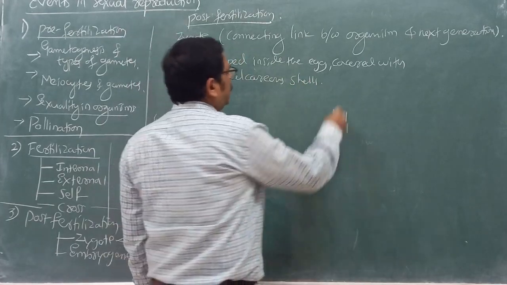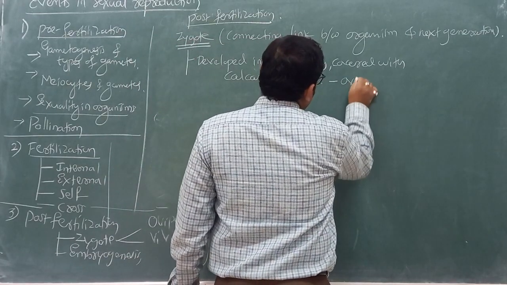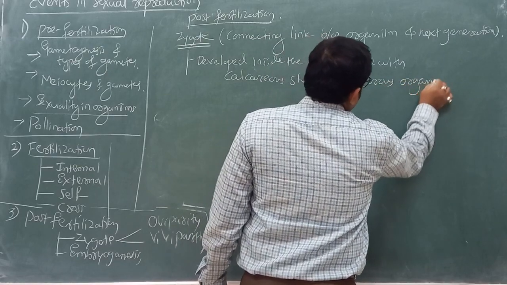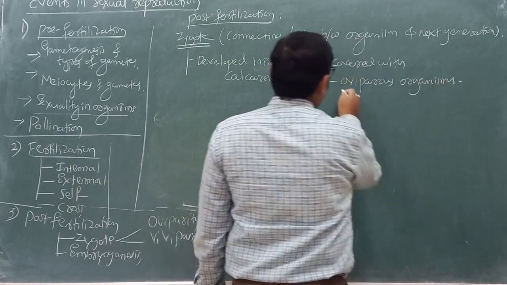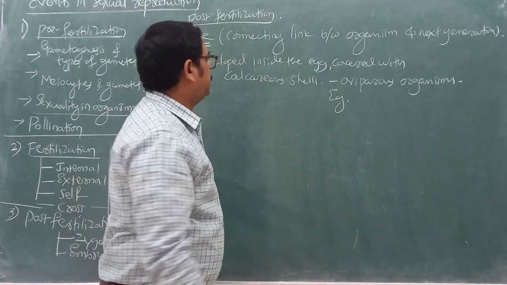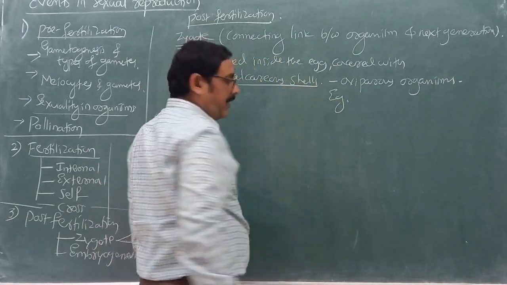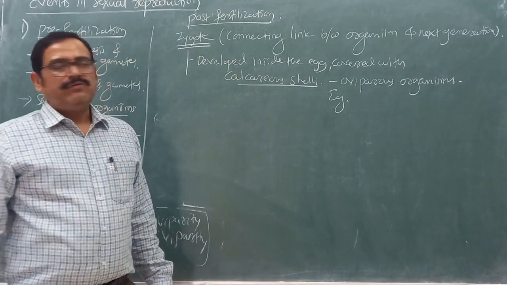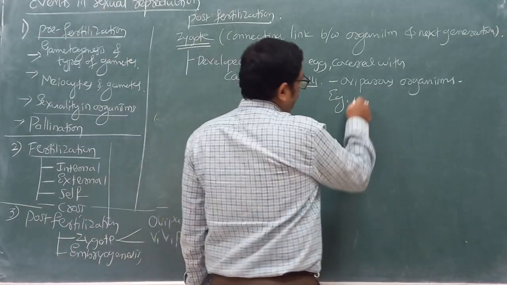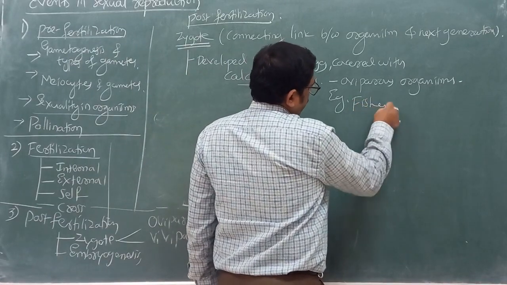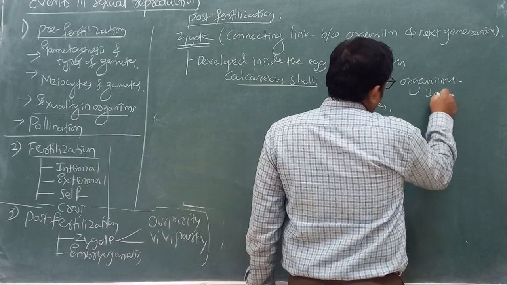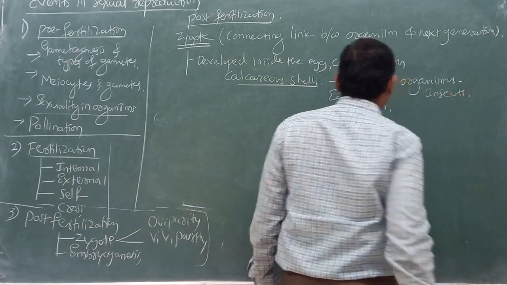So those are called as oviparous. Example, yes, maybe calcareous shell may not be present, but still, which are the organisms that can produce the eggs? They can be fishes. Before the fishes, they can be insects also, because insects also produce the eggs.